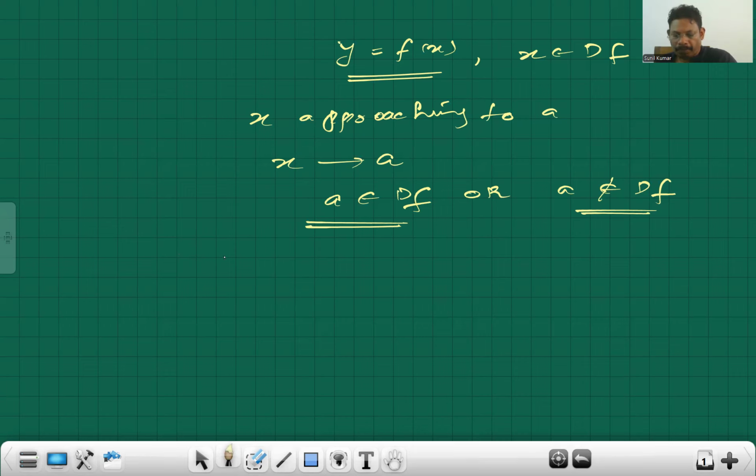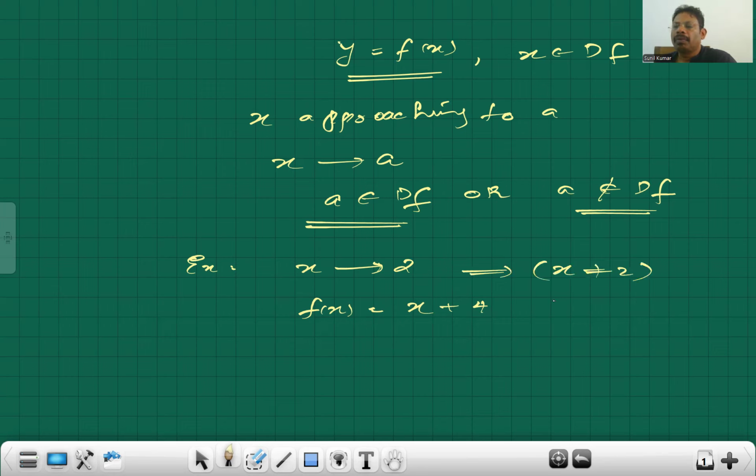Example, whenever x is approaching 2, I am taking f(x) equal to x plus 4. So x approaching 2 means this x never becomes 2, but its approximate value is around 2.